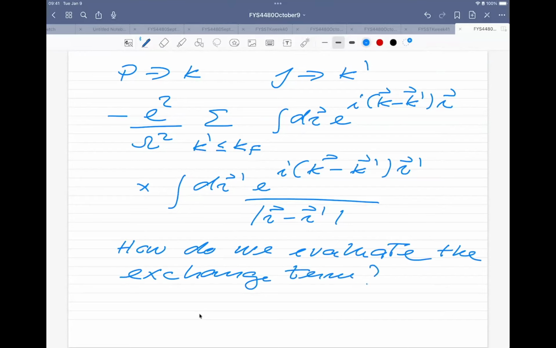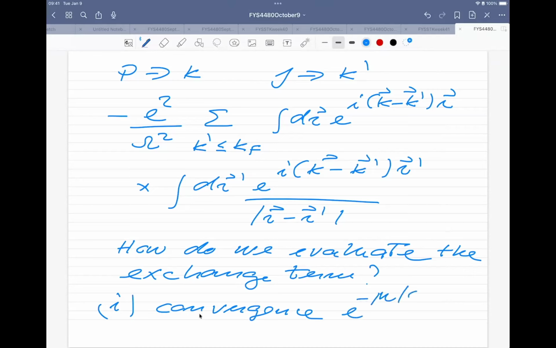So that's the first trick. We're going to introduce a convergence factor, and then we're going to take the limit where this mu goes to 0 after we have done the calculations. This is a useful trick in case your integral is a nasty one and you have some possible divergences.